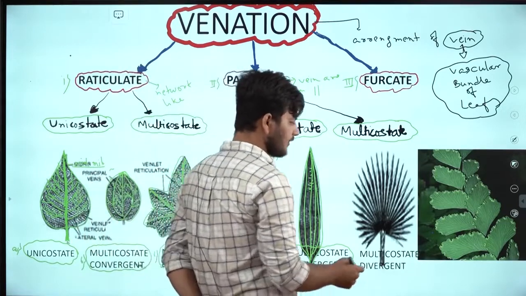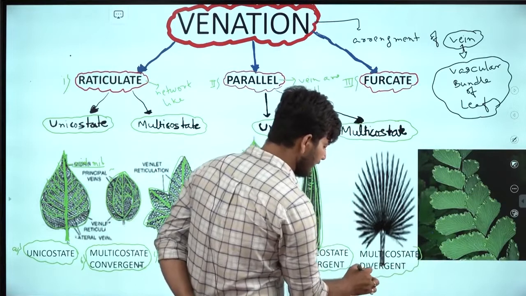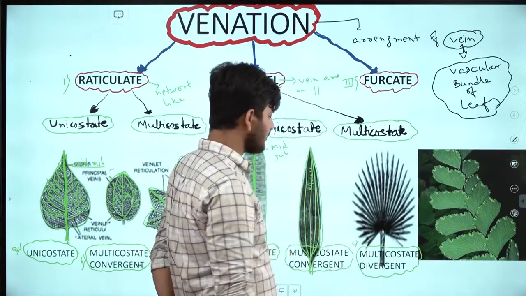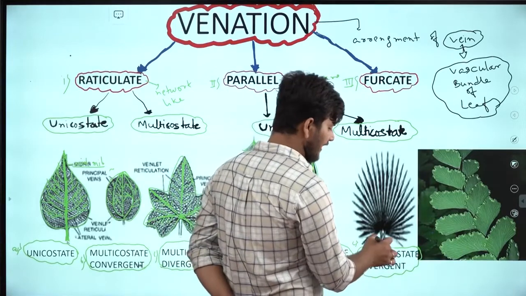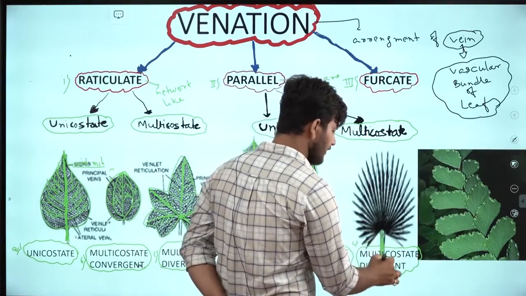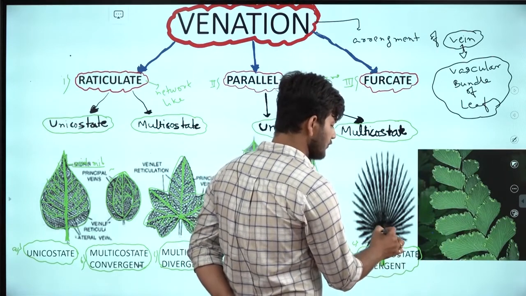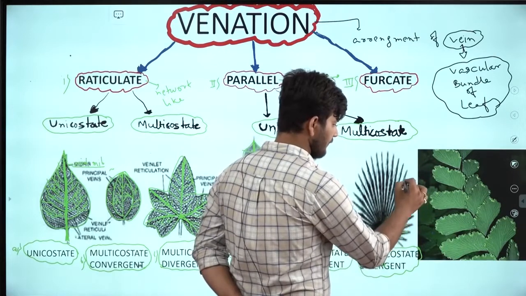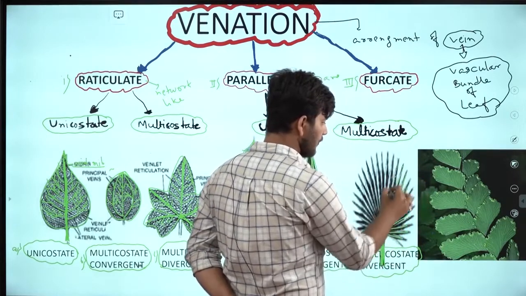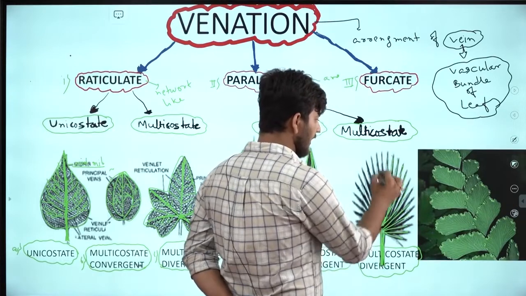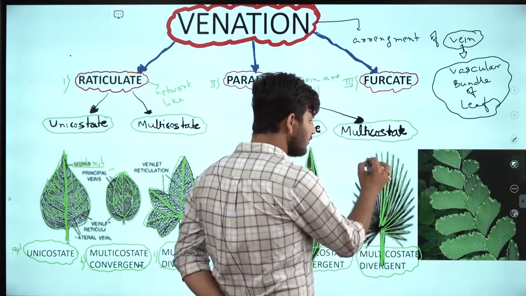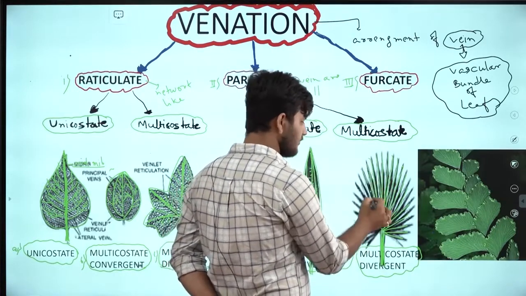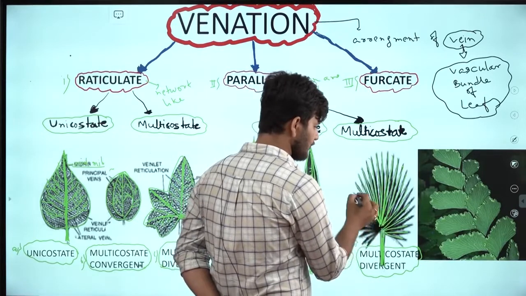Likewise, the third type, C type. Let me write it. This one is the multicostate divergent. As in dicot, here also a lot of ribs are originating. A lot of veins originate, and these do not converge like this one; this one diverges from a point.